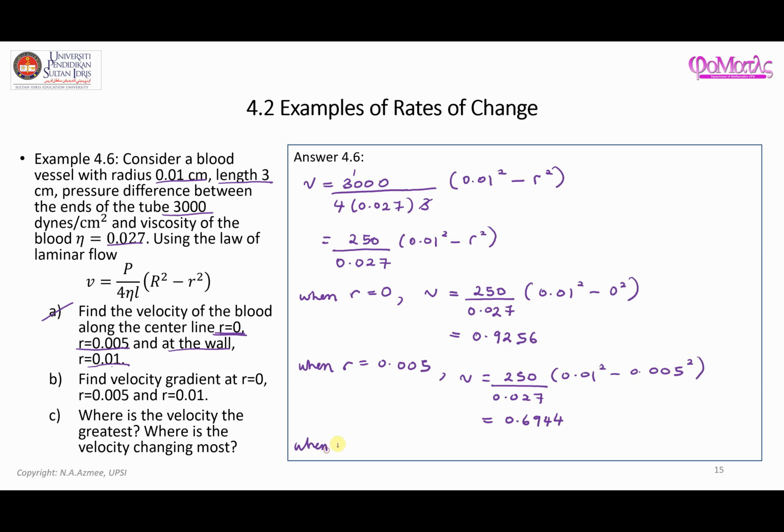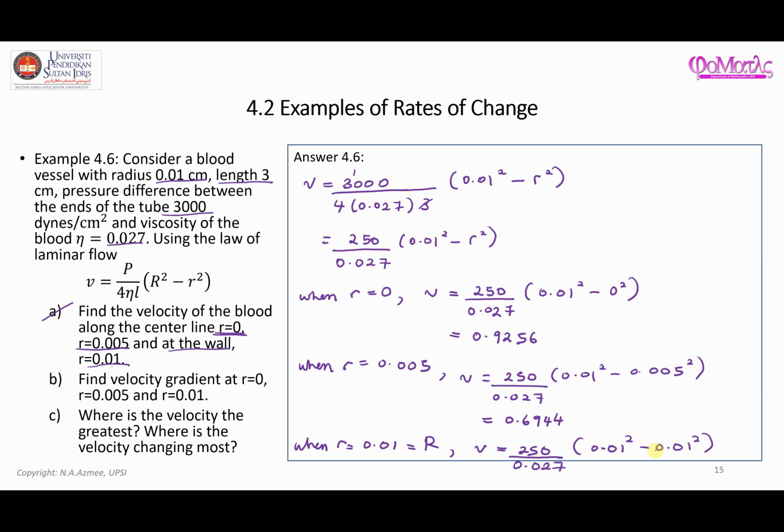Now when r is equal to 0.01, which is the same value as the radius, clearly if you substitute the values there, it will be 250 over 0.027 times 0.01 squared minus 0.01 squared.